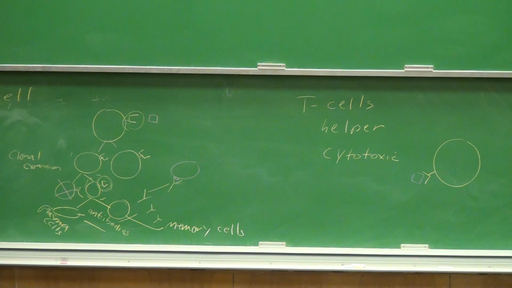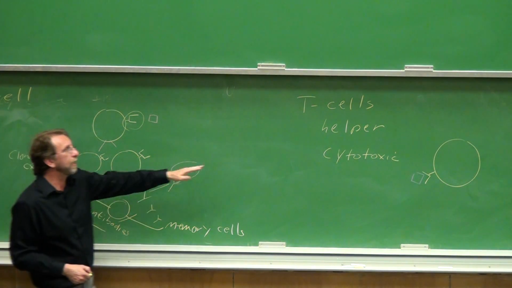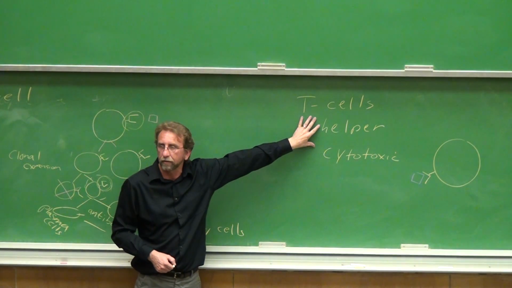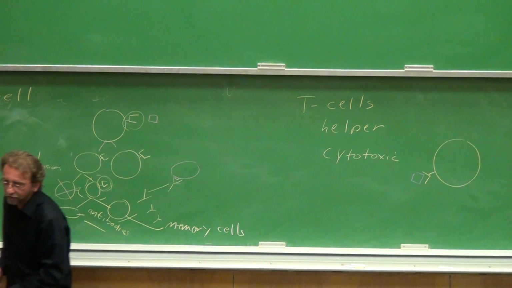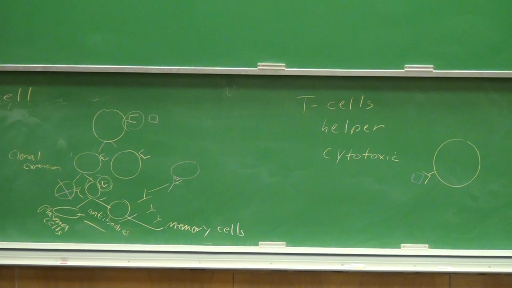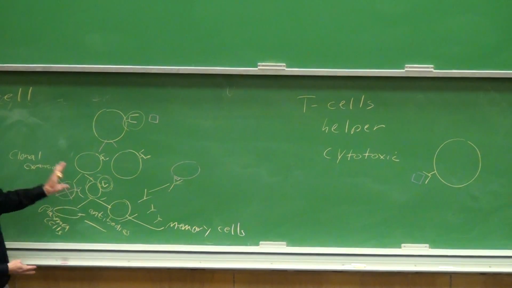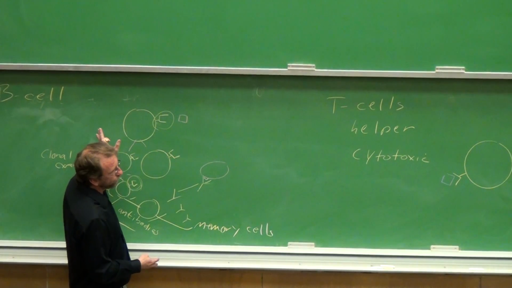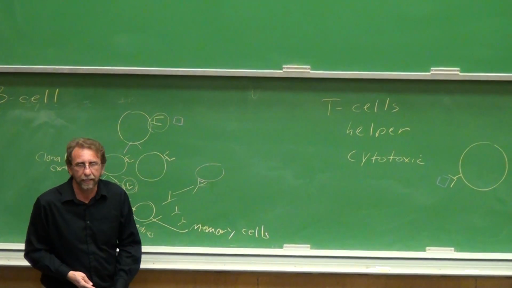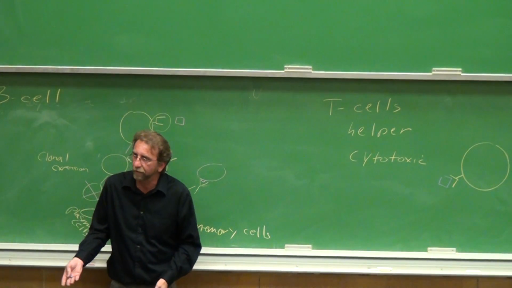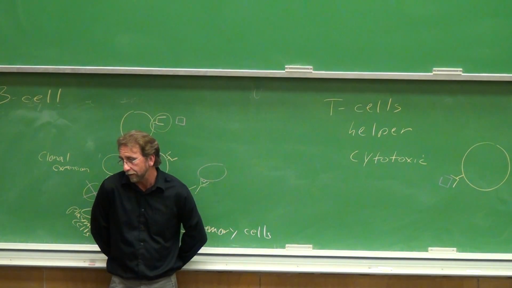So this means that right along with 100 million different B cells, we also have 100 million different T cells. So we've got a lot of different cells, each of them with a specific surface receptor, only going to respond to a specific molecule. So now we've got to get this B cell in contact with that T cell. And that's going to take place again in the lymphatic system.